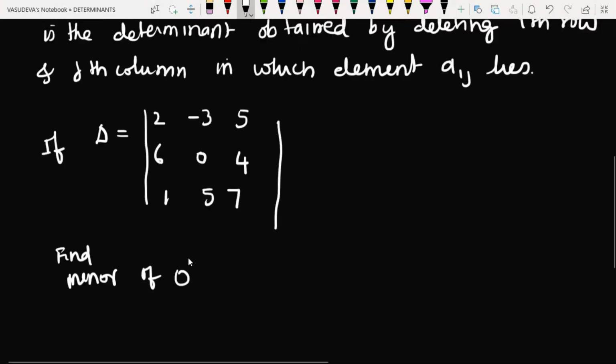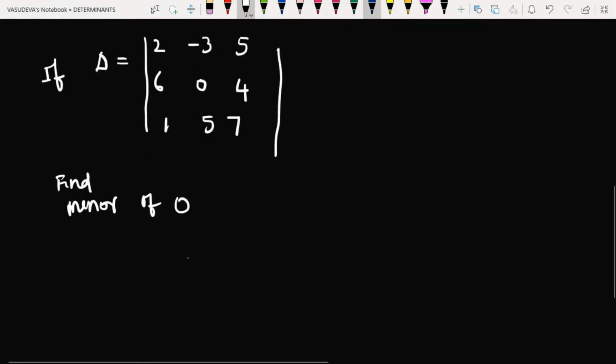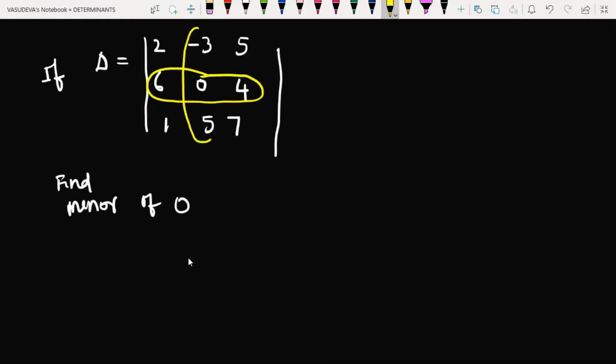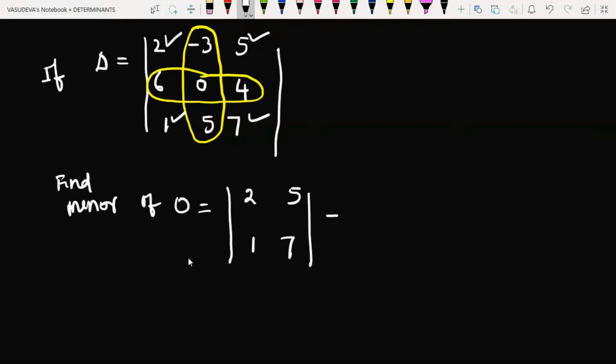So 0 lies in the second row and the second column. Leaving the elements of the second row and the second column, the determinant of the remaining elements, they are 2, 5, 1, 7. So taking the expansion of the determinant, 2 into 7, 14, minus 5, that is equal to 9. So this is the minor of 0.